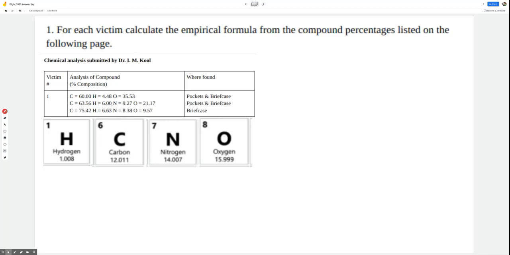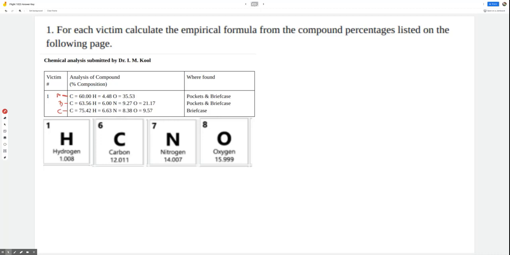Victim number one had three compounds. So we'll call them sort of A, B, and C compounds. Those compounds were found in various places in and around the victim, in their pockets and in their briefcase, or just in their briefcase in the last compound.